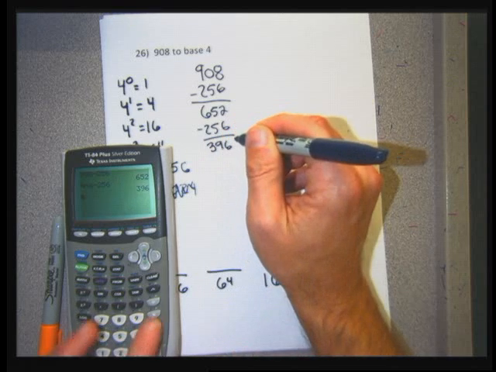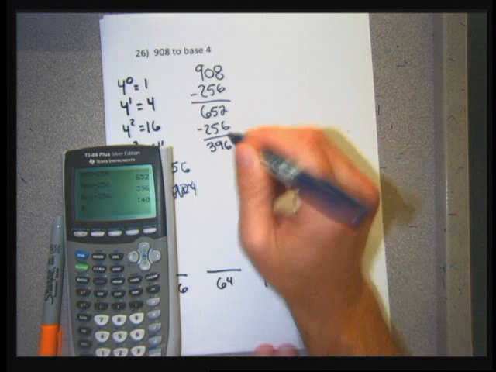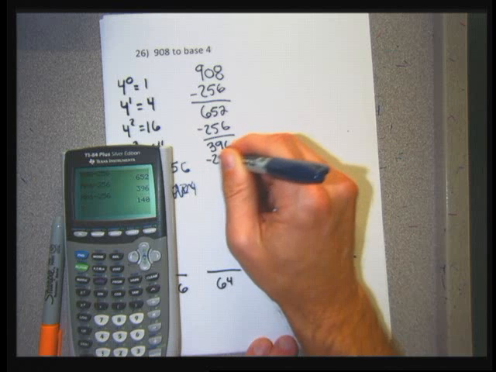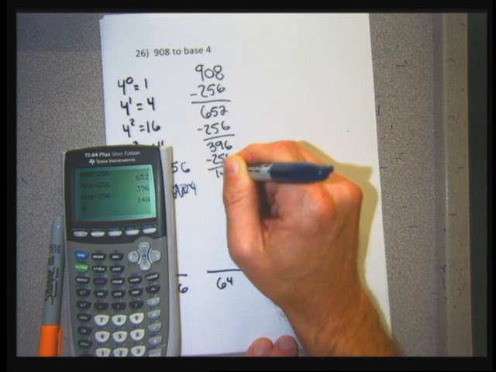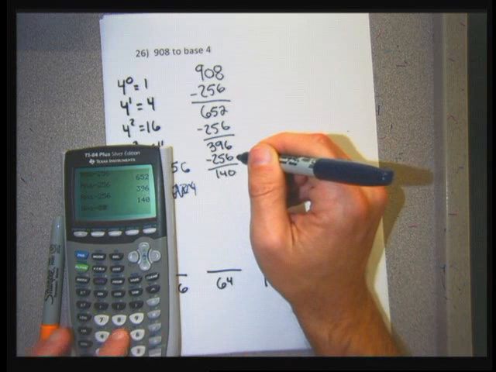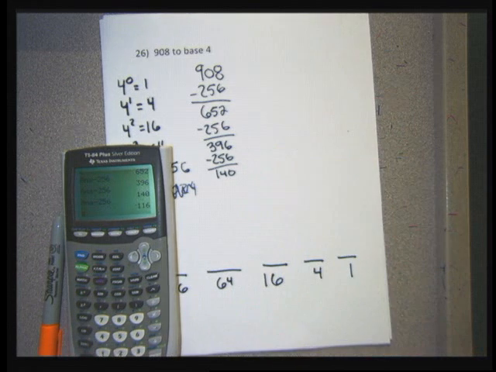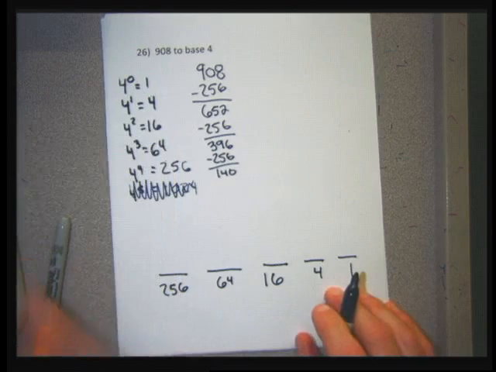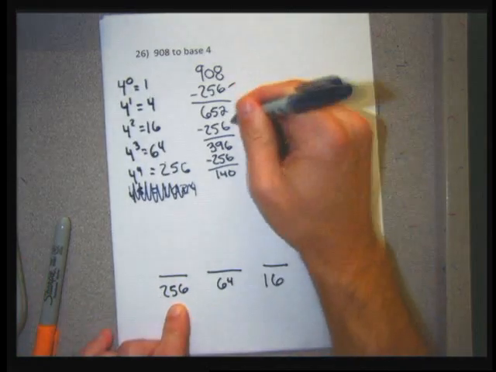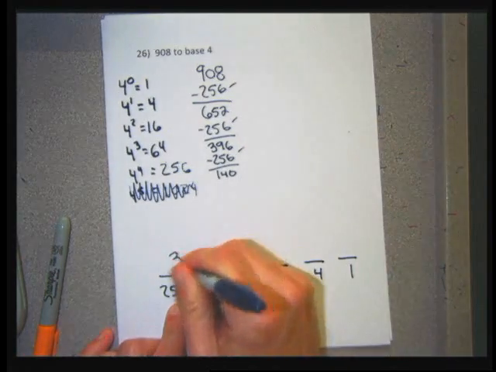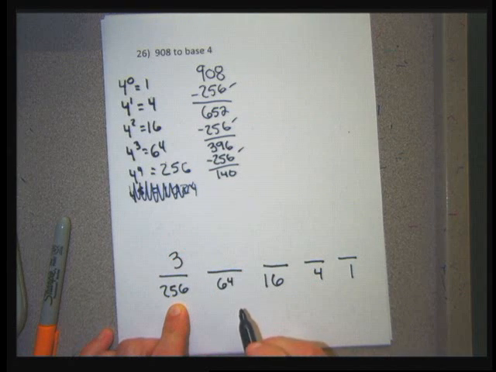Try to subtract it again and get 140. If I tried to subtract it again, I'd get a negative, so I'm done subtracting 256. In my answer blank, I'm going to write above the 256 the number of times I was able to subtract 256. In this case, it's 3. I'm done with the 908.